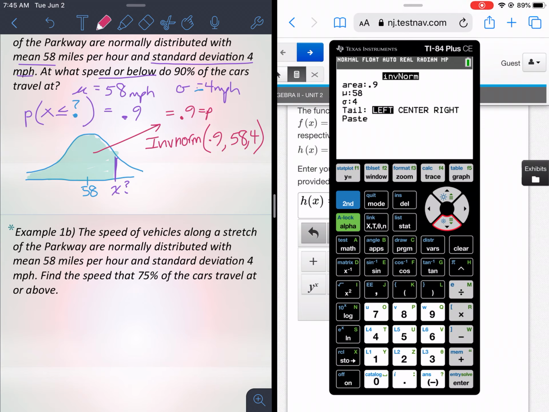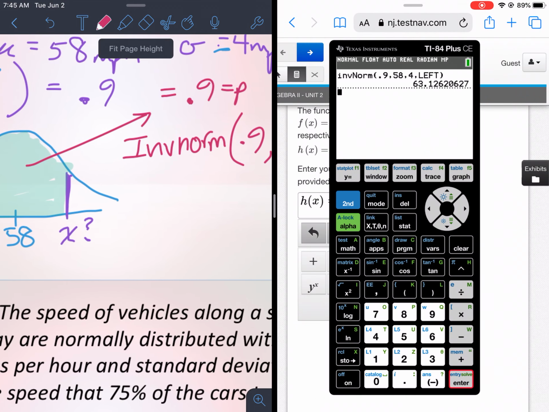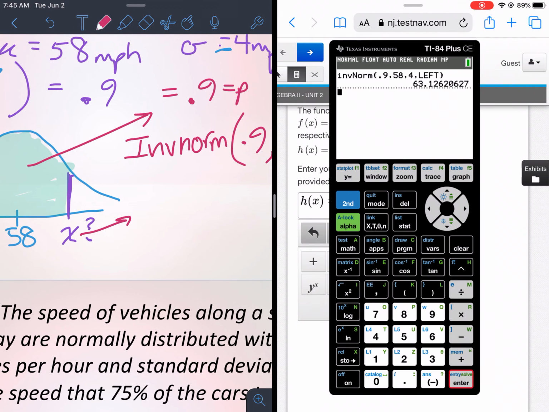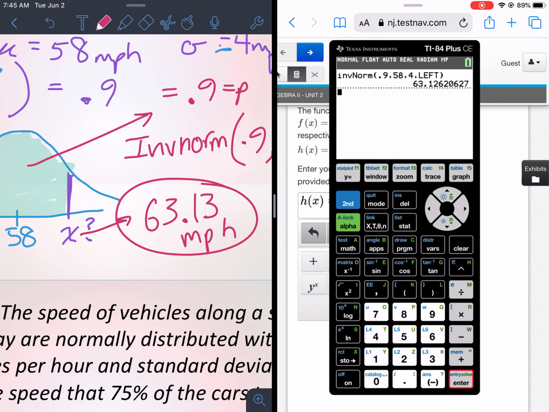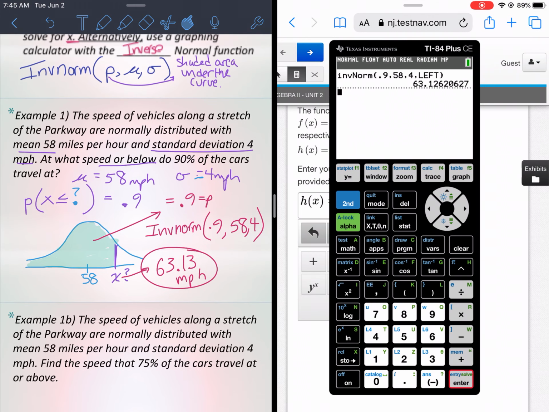I think it's going to be to the left. And then paste. Alright, so now that tells us that this x value is 63.13 miles per hour. And that's our answer.